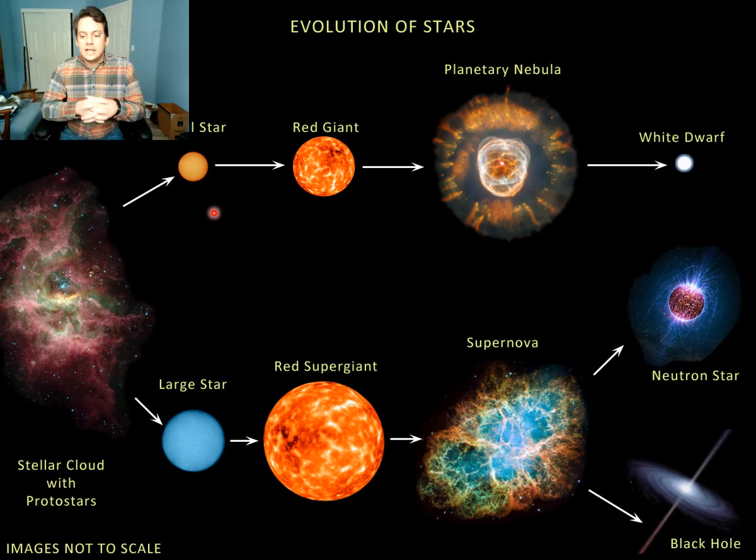As it approaches the end of its lifetime, it loses roughly half of its mass into the interstellar medium in the form of a planetary nebula. And the remnant, the dense, degenerate, largely carbon and oxygen core that's left, is known as a white dwarf.